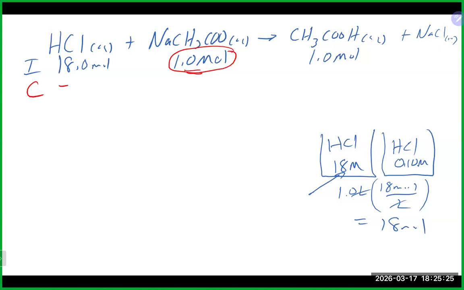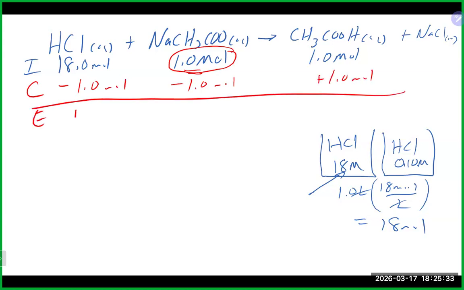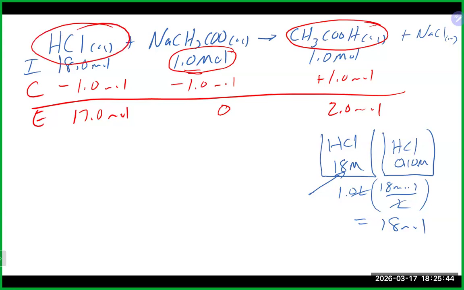And the change here is actually going to be -1 mole, -1 mole, and +1 mole, which means at equilibrium, you have about 17 moles of this guy, you'll have none of this guy, and you'll have about 2 moles of this guy. What you have left at this point is acetic acid and HCl.